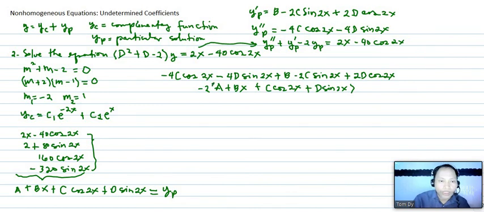That is equivalent to 2x minus 40 cosine 2x.